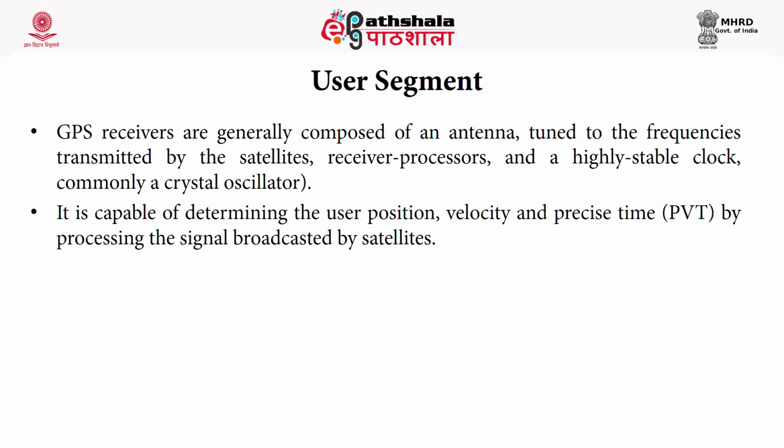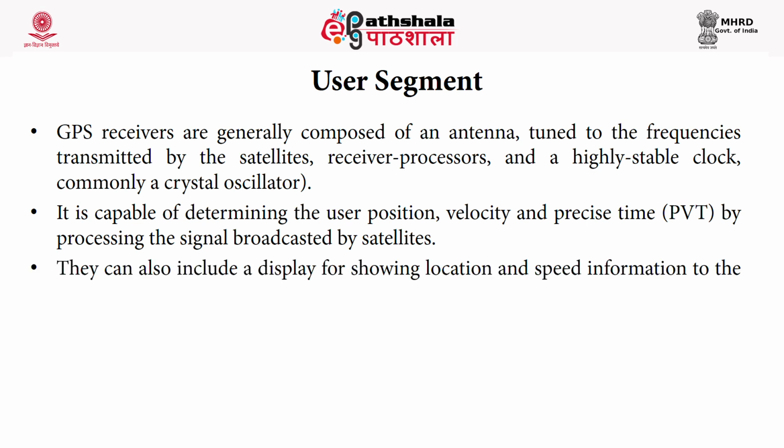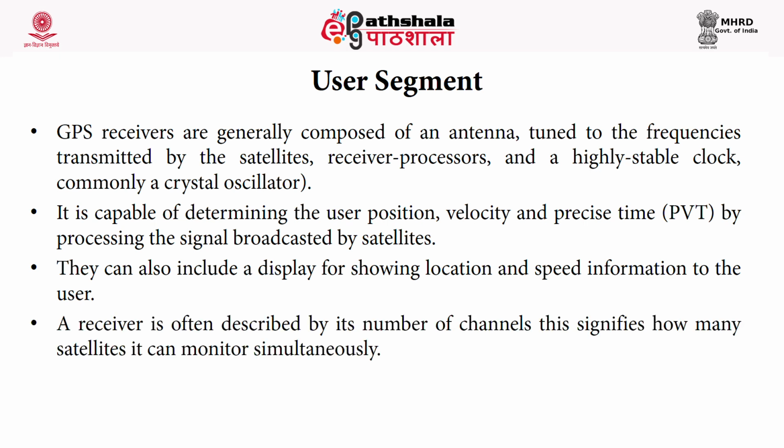It is capable of determining the user position, velocity and precise time by processing the signal broadcasted by satellites. They can also include a display for showing location and speed information to the user. A receiver is often described by its number of channels, and this signifies how many satellites it can monitor simultaneously.